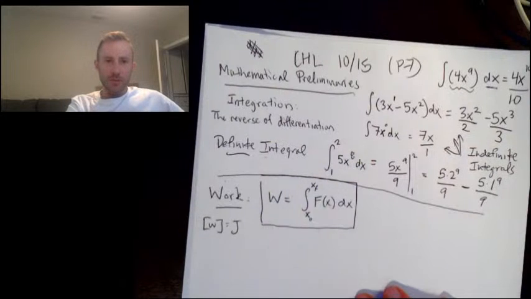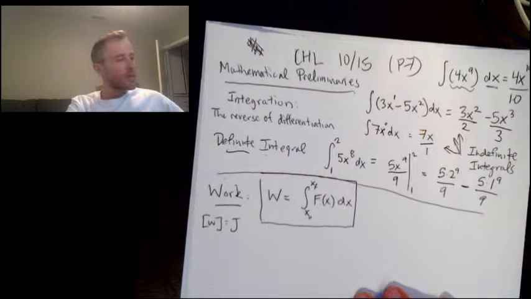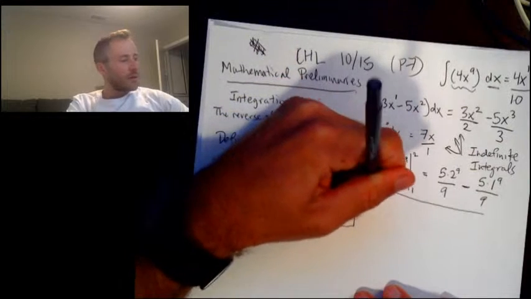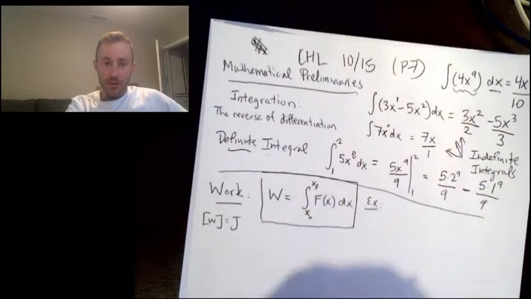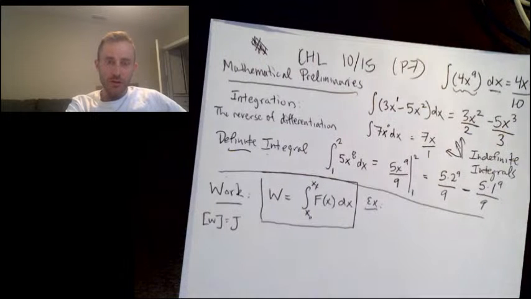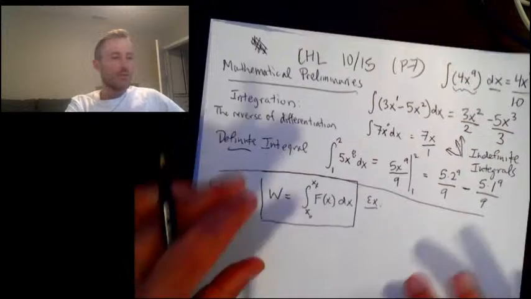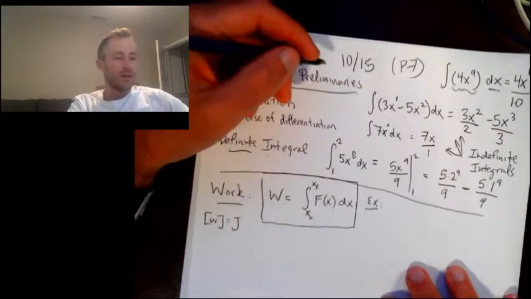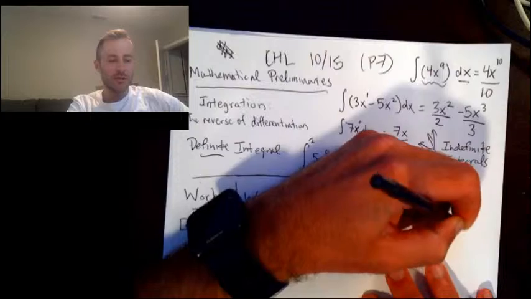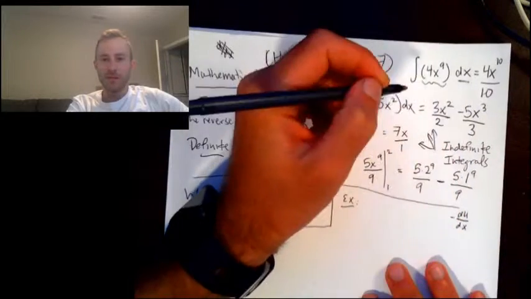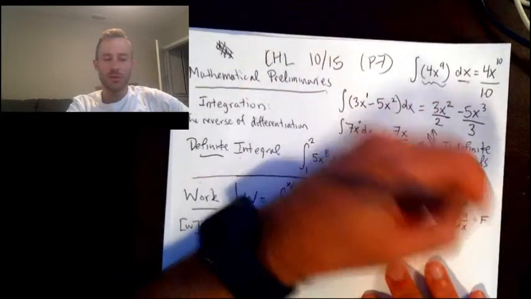So let's do an example. Okay? And by the way, I hope it is clear that work is very closely related to potential energy, because you might remember that, so I'll just write over here, minus the derivative of the potential energy is force.